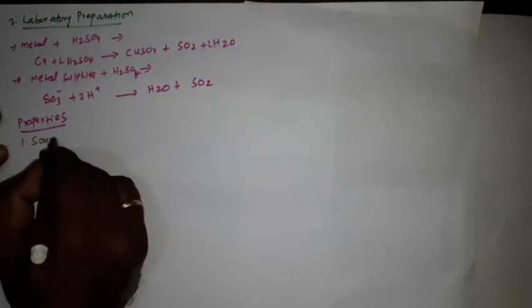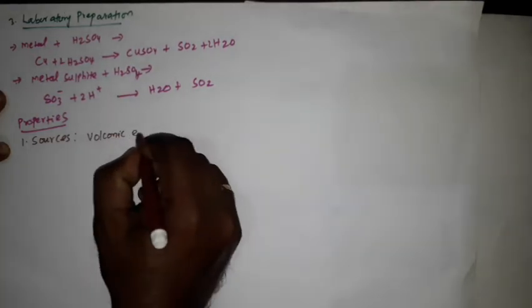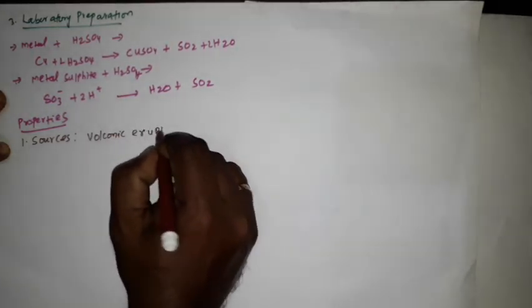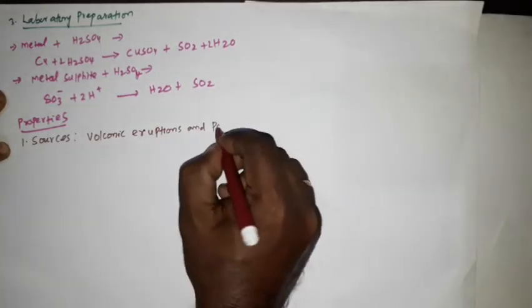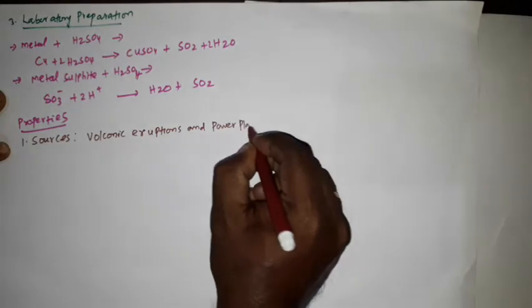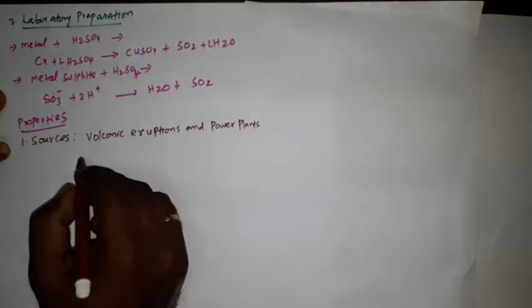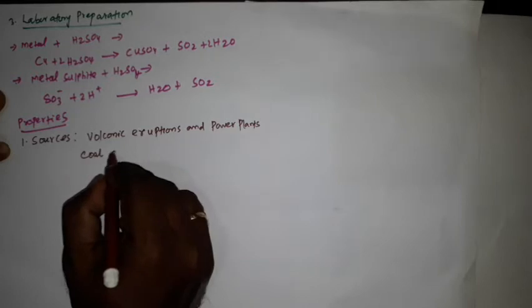Physical properties. So physical properties of sulfur dioxide, so the sources of sulfur dioxide, it mainly comes from volcanic eruptions and power plants where they are using coal and oil.